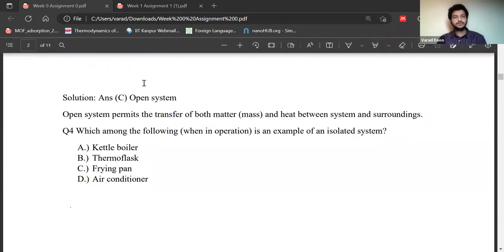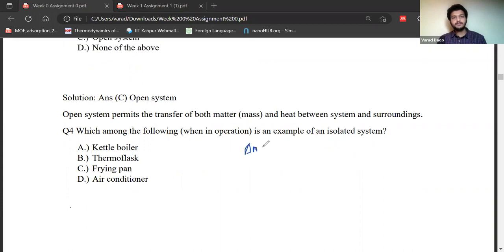Which among the following, when in operation, is an example of an isolated system, right? Isolated means delta M equal to 0 and delta E is also equal to 0, right?